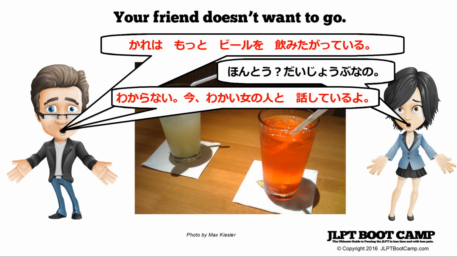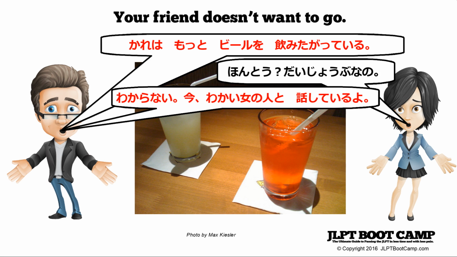So it seems like he wants to drink beer, more beer. And your friend responds, honto? Really? Daijoubu? Okay. And then nano is, she's asking a question very casually here. And she wants to have an explanation if he's okay.